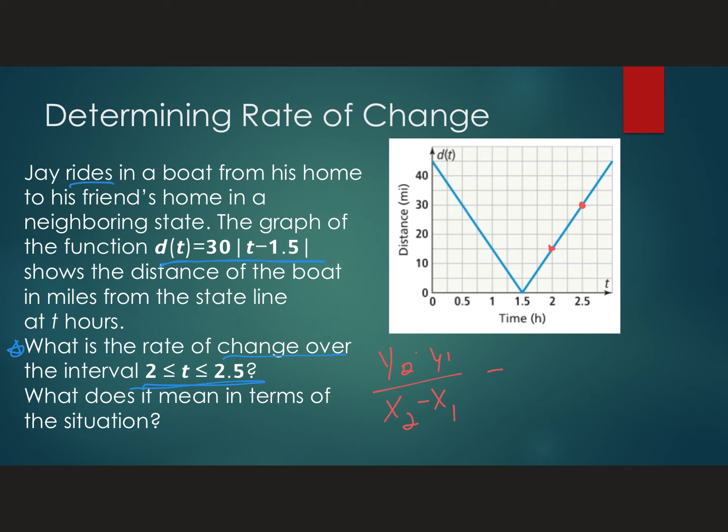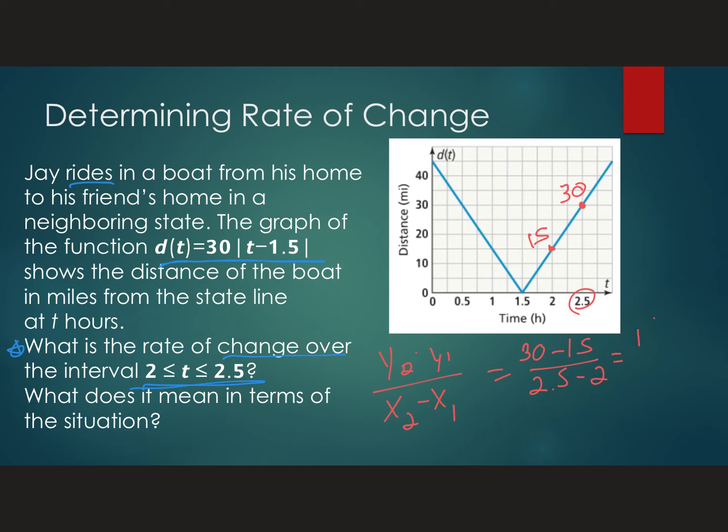In this case, my y went from 30 down to 15. So I have 30 minus 15 over 2.5 minus 2.